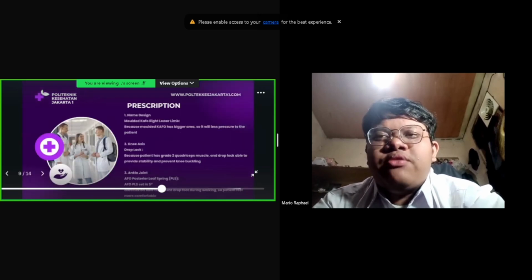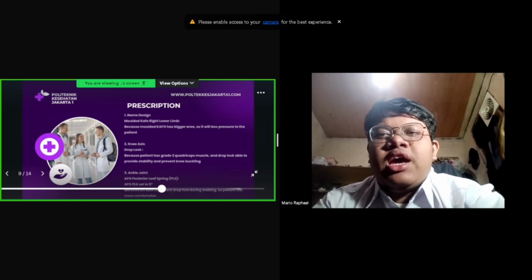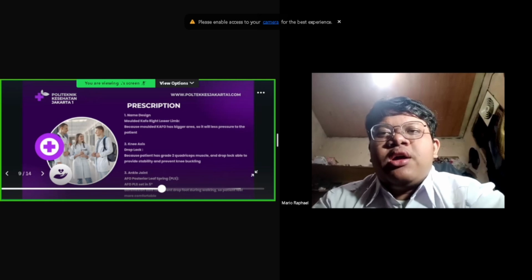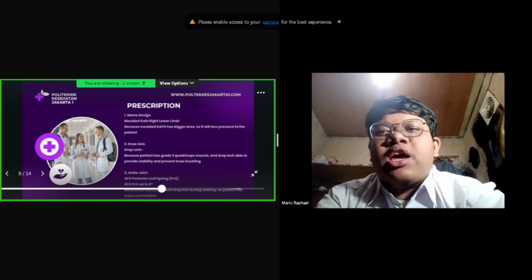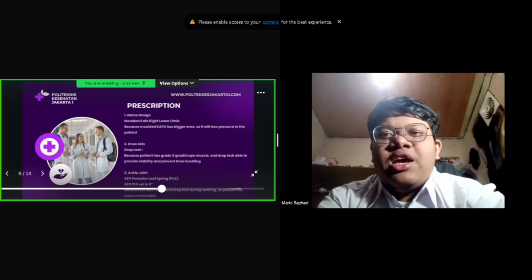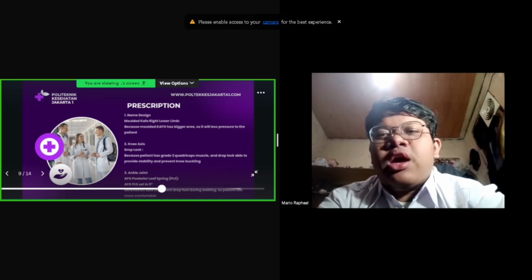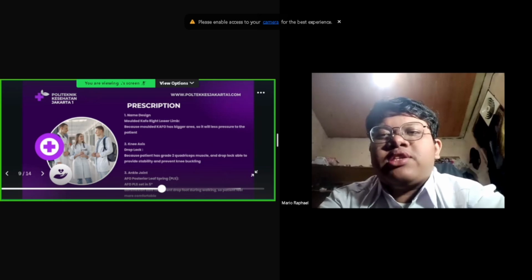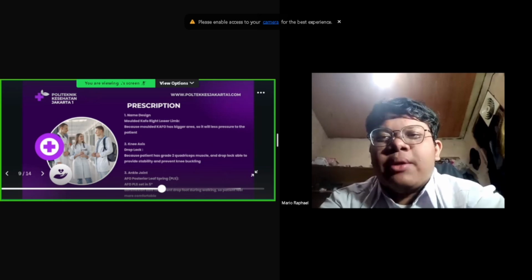For the prescription, first is the design: molded KAFO, right lower limb. We choose the molded KAFO because it has a bigger area, so there will be less pressure on the patient. Second is the knee axis. We choose drop lock because the patient has grade 2 quadriceps muscle, and drop lock is able to provide stability and prevent knee buckling.